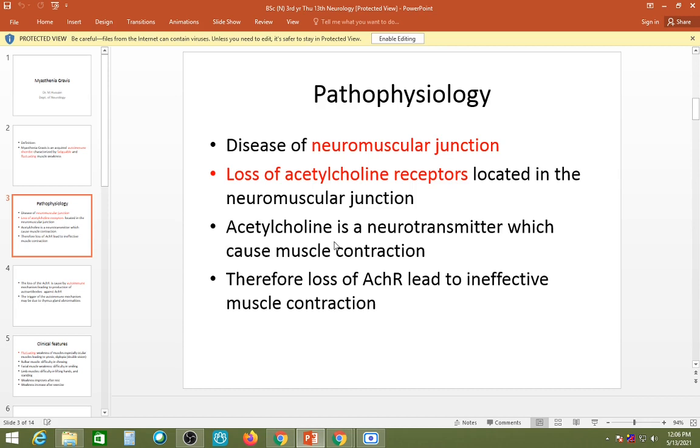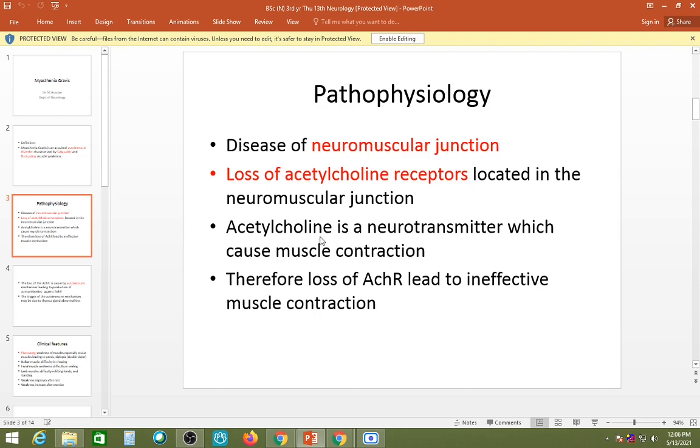We already discussed while doing epilepsy that there are various neurotransmitters in the nervous system. We talked about two neurotransmitters there. We will talk about a third neurotransmitter, that is acetylcholine. Acetylcholine is a neurotransmitter which helps in muscle contraction.